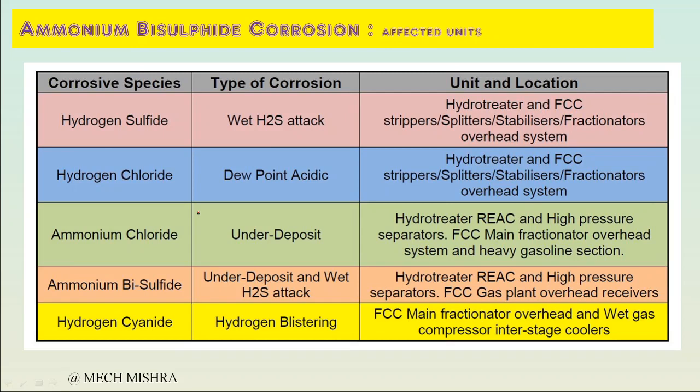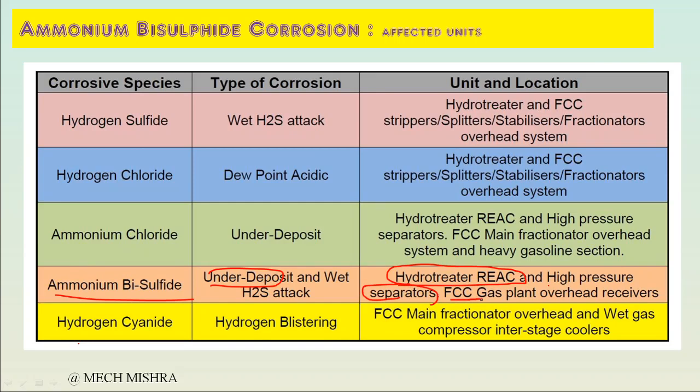Now basically, what are the affected units for ammonium bisulfide? Ammonium bisulfide corrosion can be seen in the form of under-deposit or H2S attack. It can be seen in hydrotreater reactor effluent air fin coolers, and then high pressure separators of the hydrotreater.